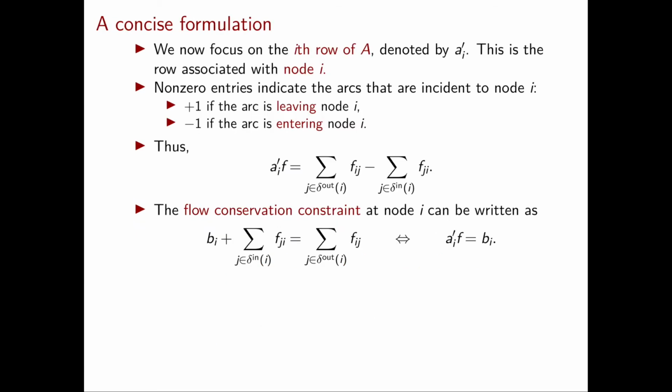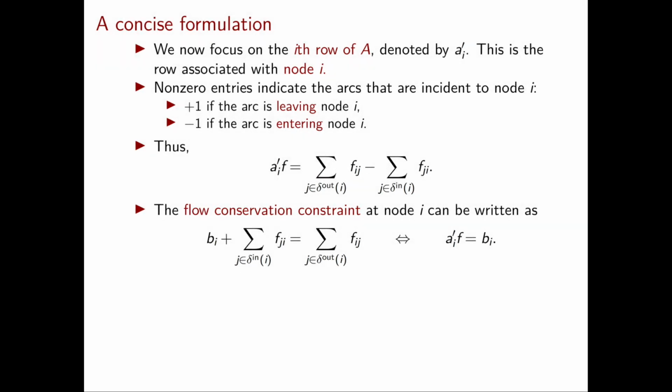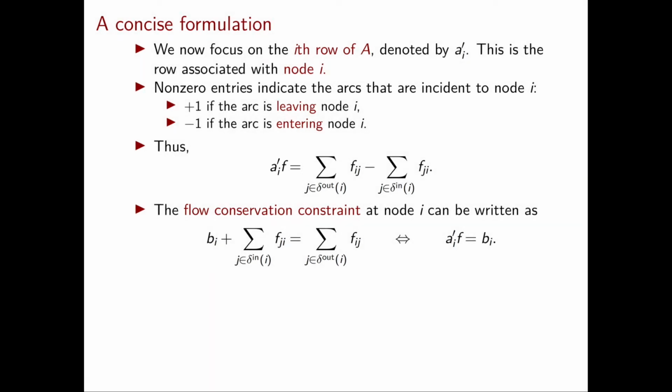This understanding allows us to write in a compact form the quantity sum of f_ij for every j in delta out of i minus the sum of f_ji for every j in delta in of i. In fact, this quantity is simply the scalar product A_i transposed f, where A_i is the ith row of our node arc incidence matrix.